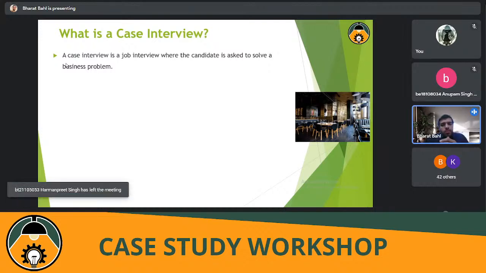Many big consulting firms, which help businesses grow, use case studies as the entry point and a part of the recruitment process. So these skills become handy there also, but we'll be primarily focusing on the ways to solve a case.